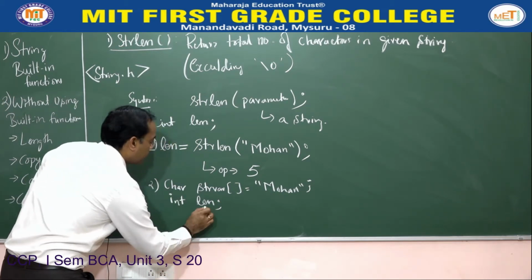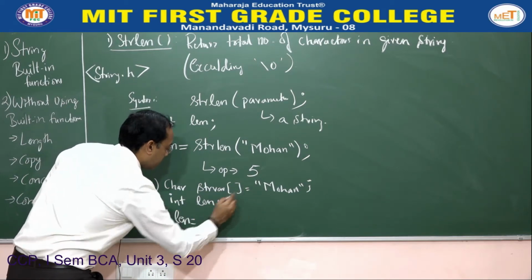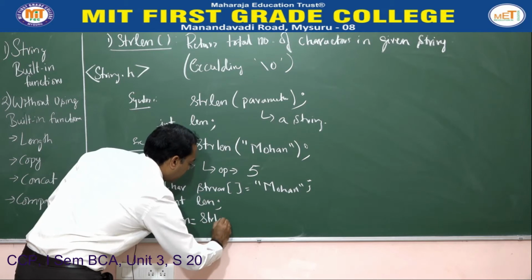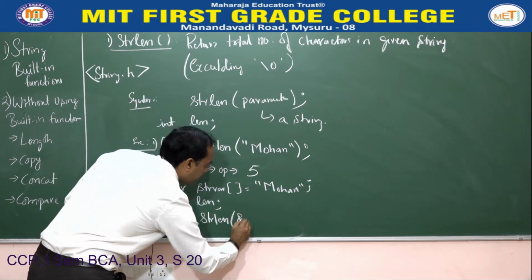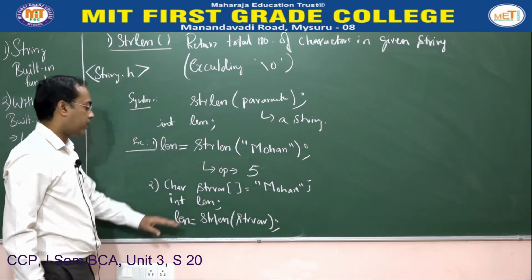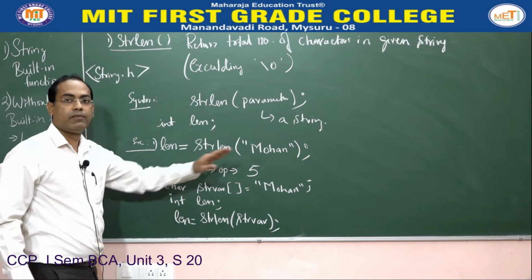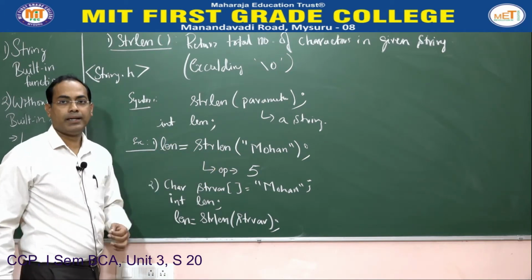If you want to know the length of this variable, you write strlen of the string variable, strvar, that's it. Now len will have 5. So this is the way you have to use strlen.